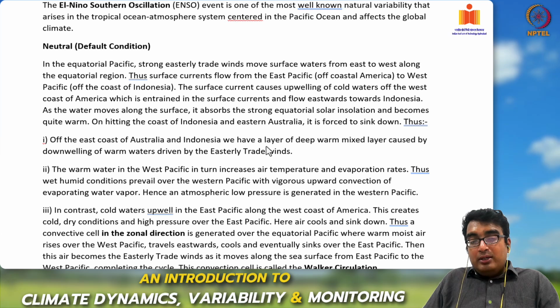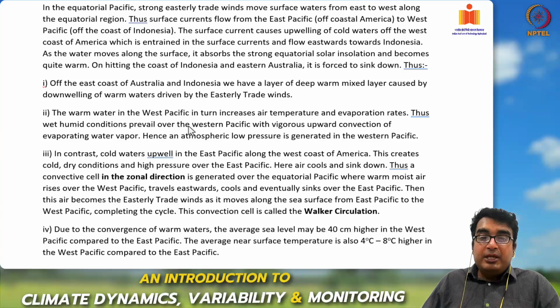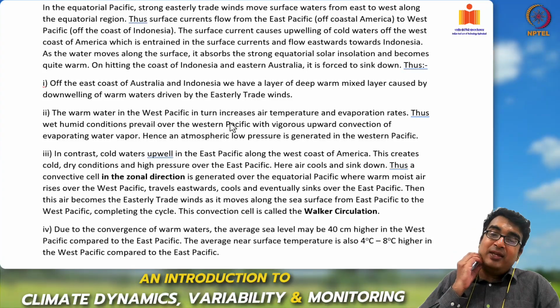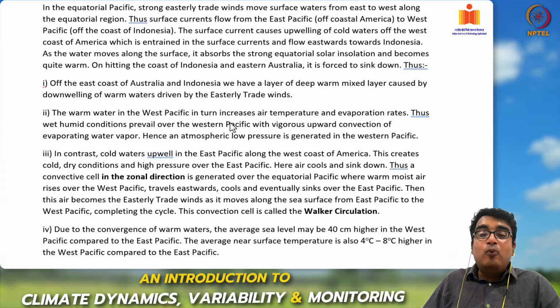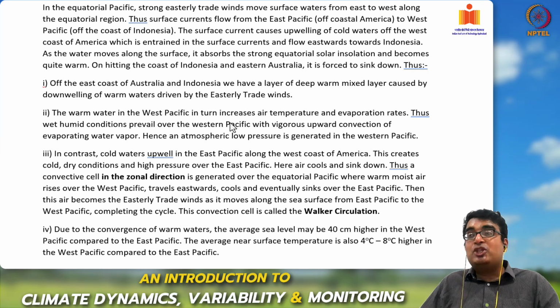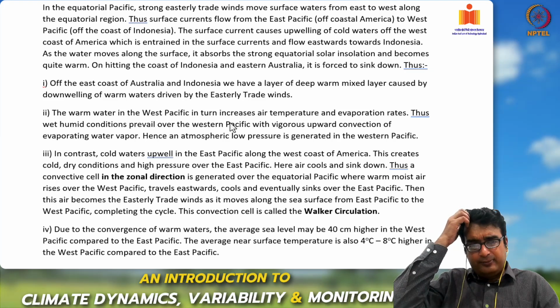The warm waters in West Pacific, this region of the coast of Indonesia and Australia, in turn increases the air temperature and evaporation rates. Thus, wet, humid conditions prevail over the Western Pacific with vigorous upward convection of evaporating water vapor. Hence, an atmospheric low pressure is generated in the West Pacific.